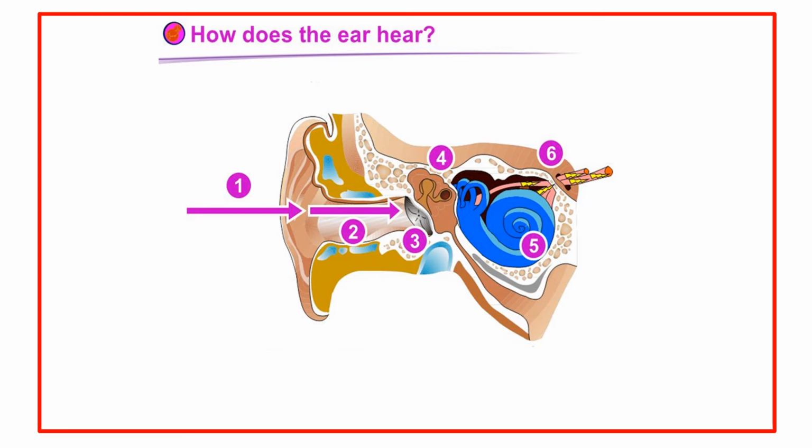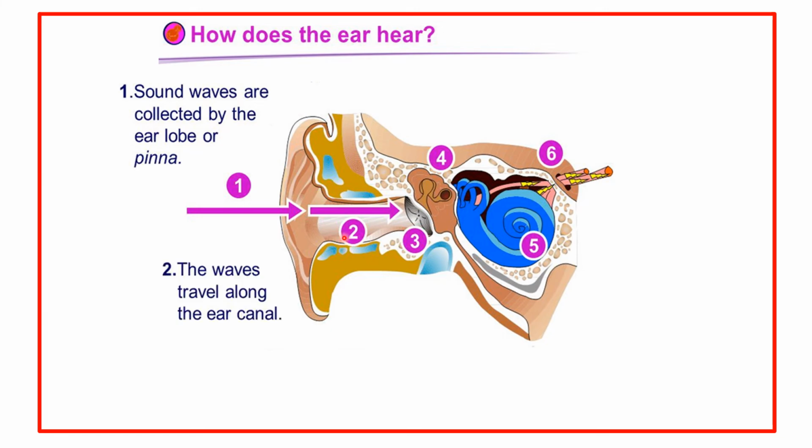So to start with, we have number one. The first one we have here, we call this one pinna or earlobe. Now the sound waves are collected by the earlobe or the pinna. So this is the reason why our ear is shaped like this, in order for it to collect the sound waves.